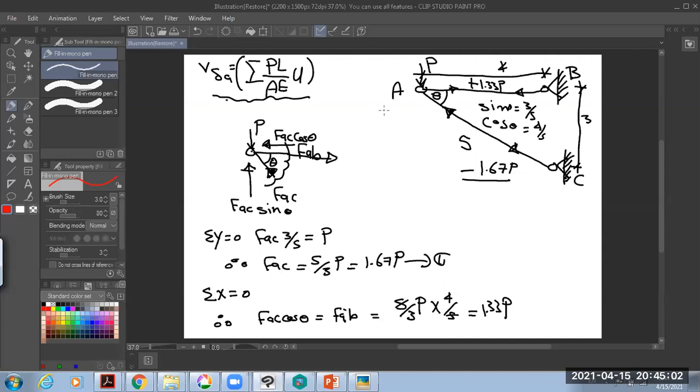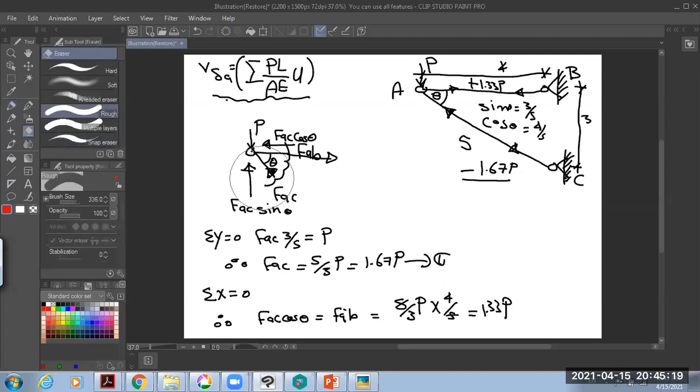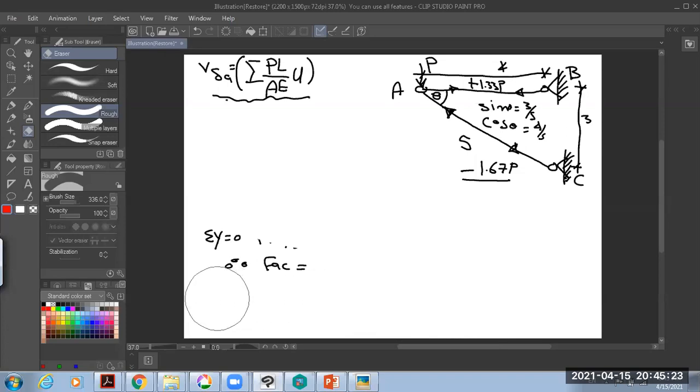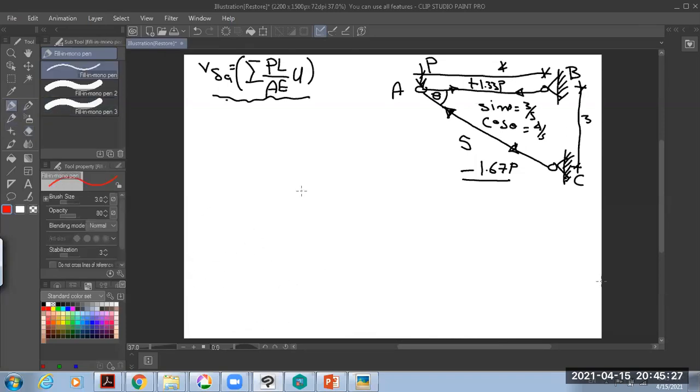I get all the internal forces now due to the external load B, as a function of B. I will erase this part. Please, if anyone wants it, the class is recorded and you can get it at home. But I will erase this part because I am going to put the unit load now. Put the unit load vertically on the same joint.